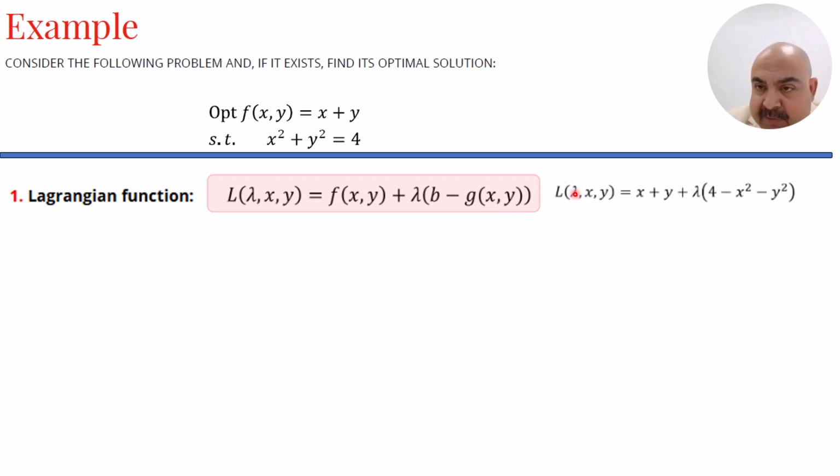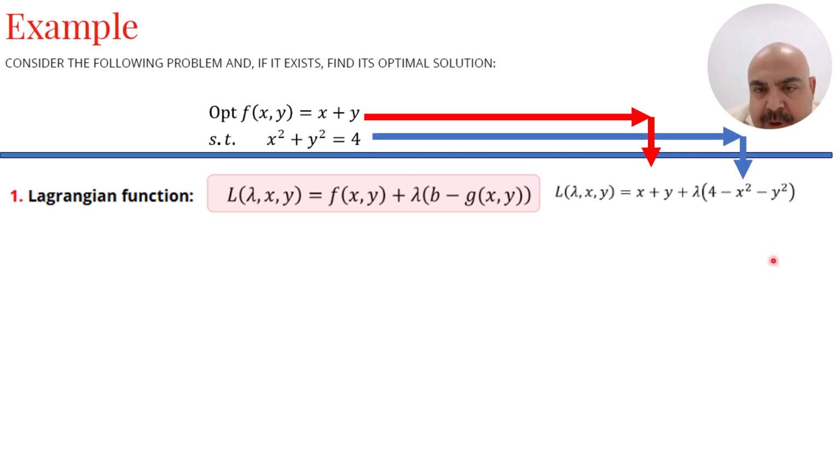So here's the Lagrangian function. Remark, that's the objective function. If you can see, that's exactly the objective function in place. Then plus lambda times 4 minus x squared plus y squared. So that's the constraint, put equal to 0 and inserted into the Lagrangian function.